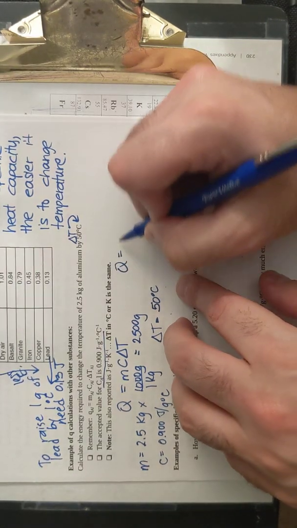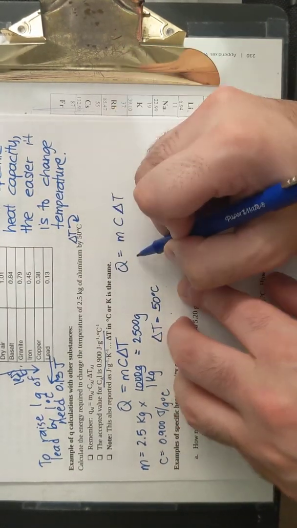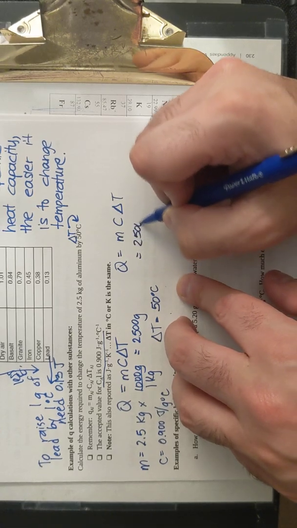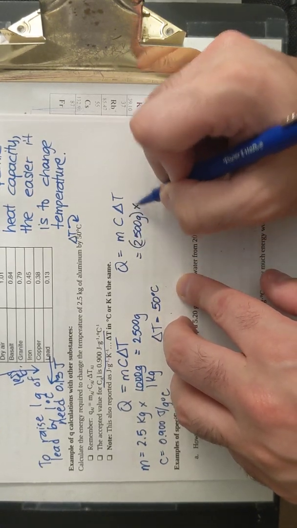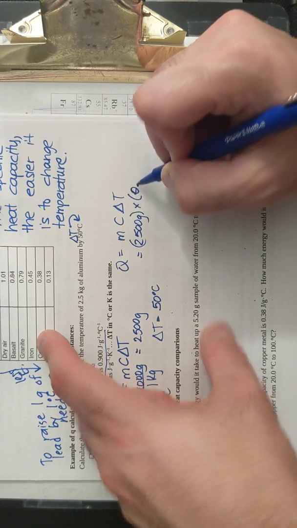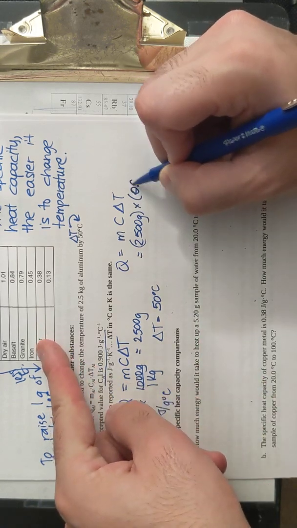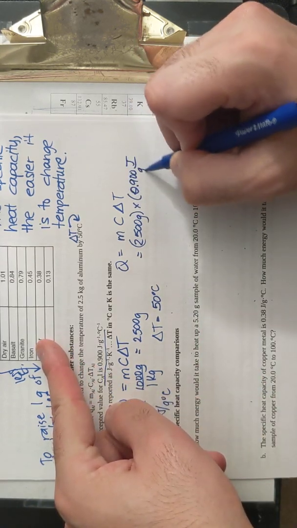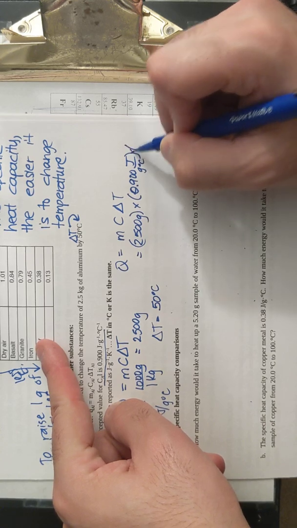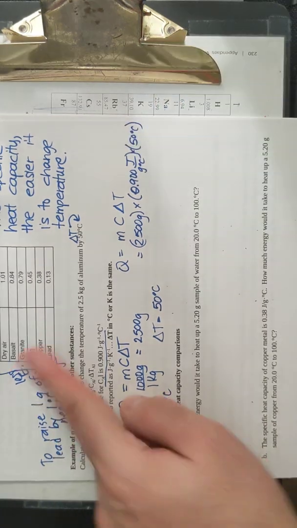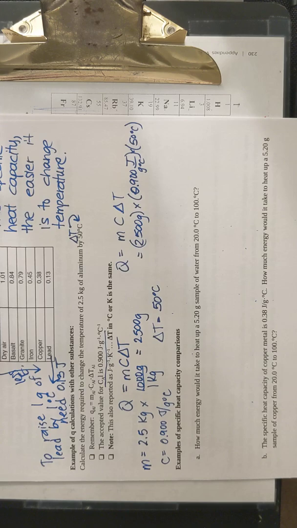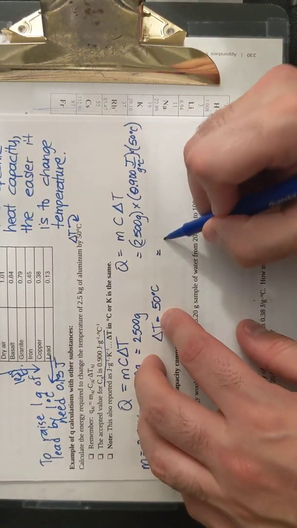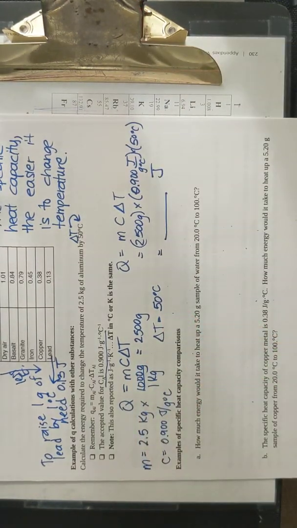So Q equals mc delta T equals 2,500 grams times 0.900 joules per gram degrees Celsius times 50. Okay? And I'm going to leave that calculation up to you, but you should get a number in joules.